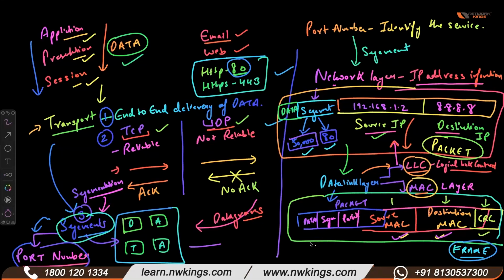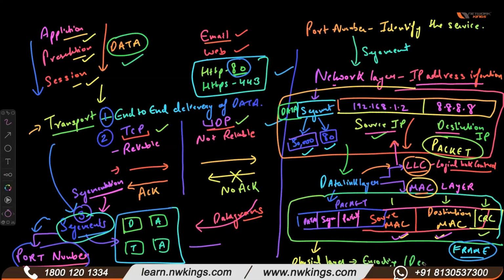As I told you, this is an overview. I thought to complete it in 15 minutes, but it has gone up to half an hour. When the data goes to the physical layer, it provides encoding and decoding.